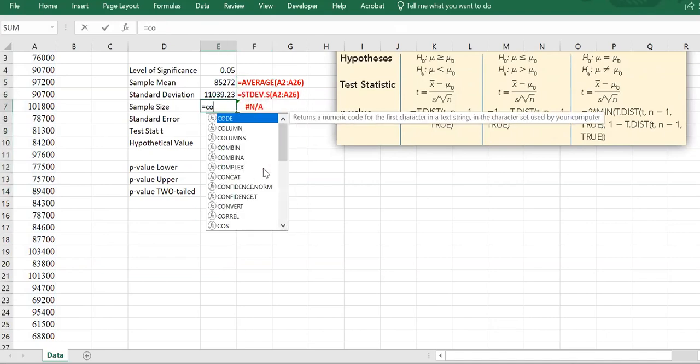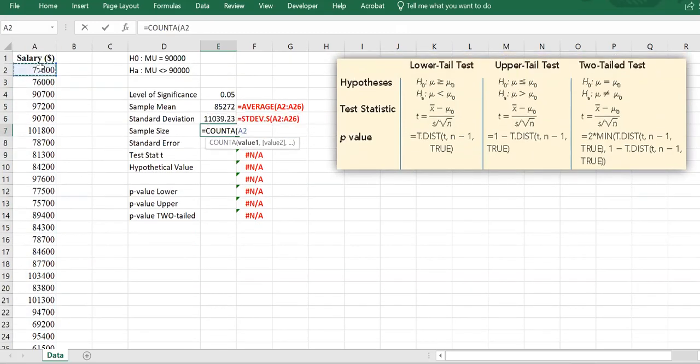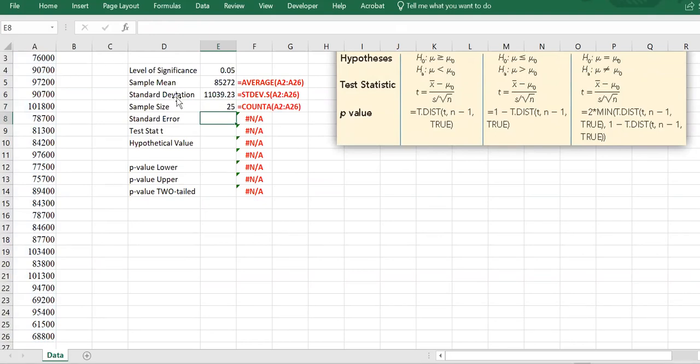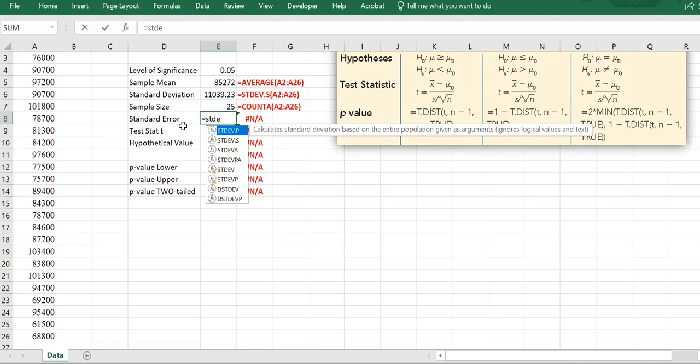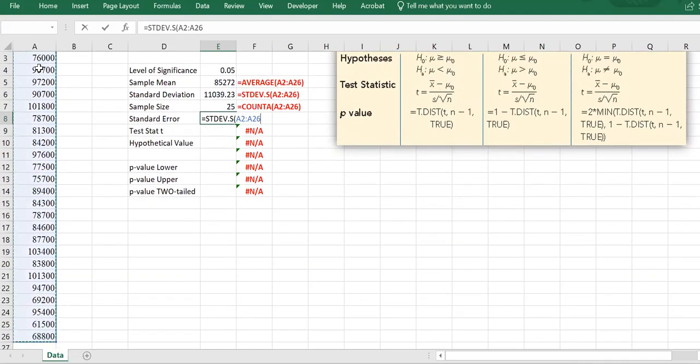Sample size is COUNT or COUNTA of the numbers, 25 of them. Standard error is S, standard deviation, divided by the square root of n. So S divided by SQRT of 25. That's the standard error.